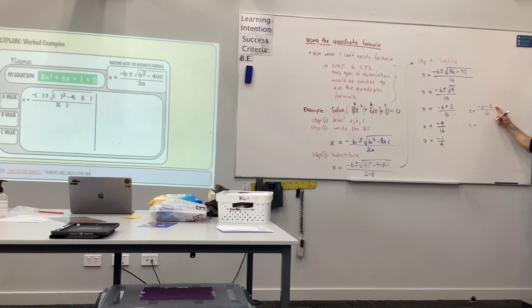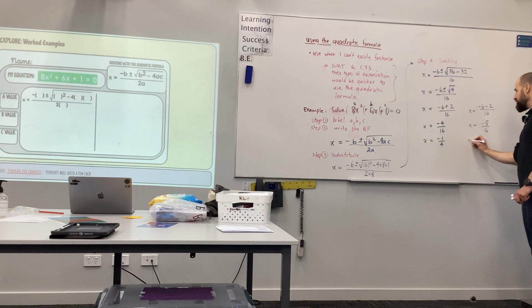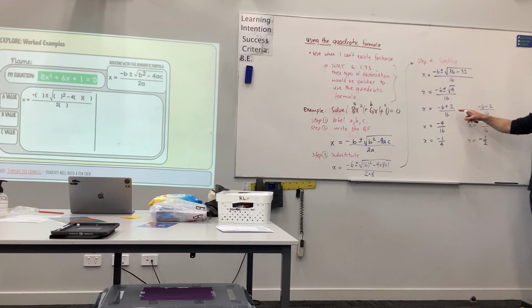Excellent, Sam. -8 divided by 16. And that can be simplified to? Negative 1/2. All right, so for my final step, I like to state the two solutions as two separate, clearly different answers, but you can write it with a plus or a minus.